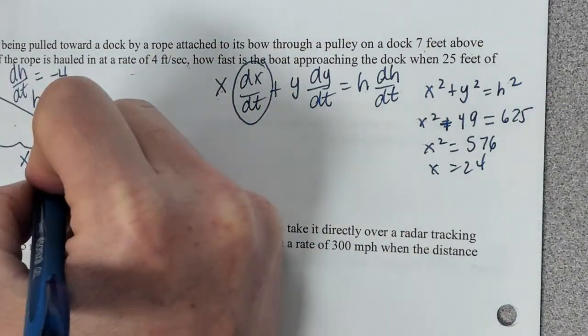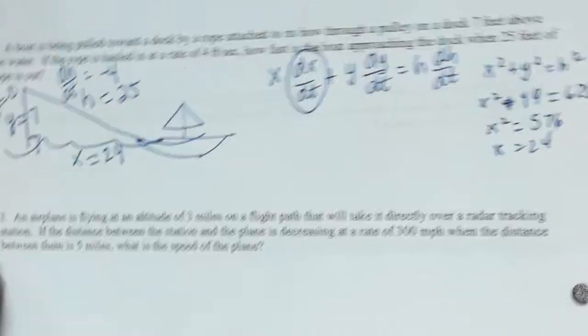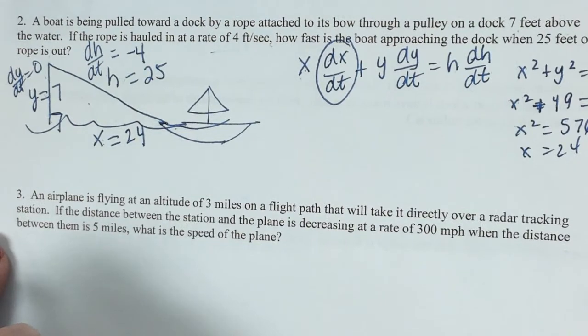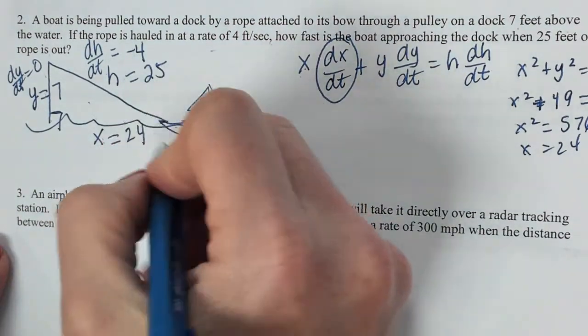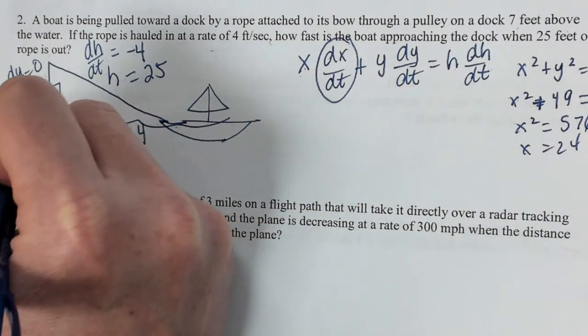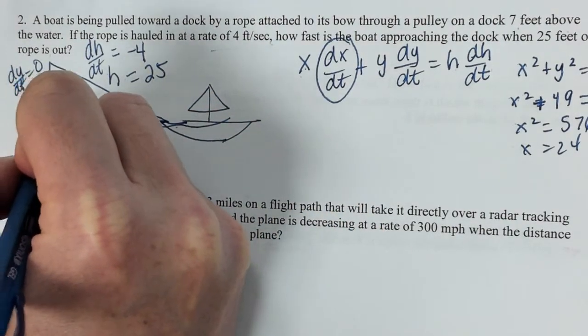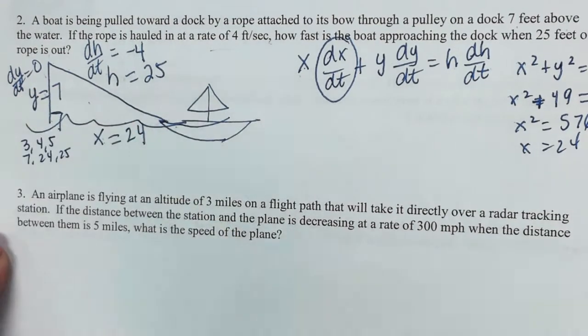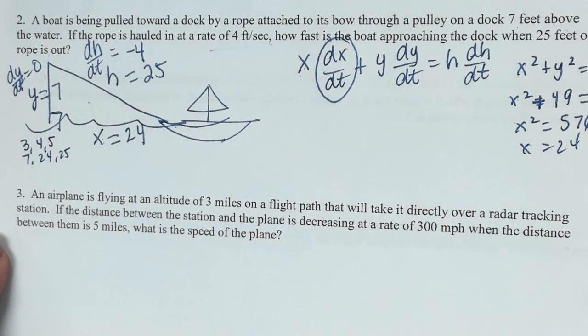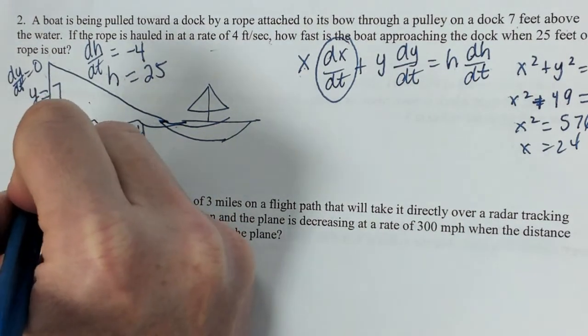Guys, if you can memorize the Pythagorean triples, you can save yourself some time. This is a Pythagorean triple, but some people didn't recognize that it was. One of the Pythagorean triples is 3, 4, 5. This one we just found, 7, 24, 25. Does anybody know any other ones? 5, 12, 13, yep.